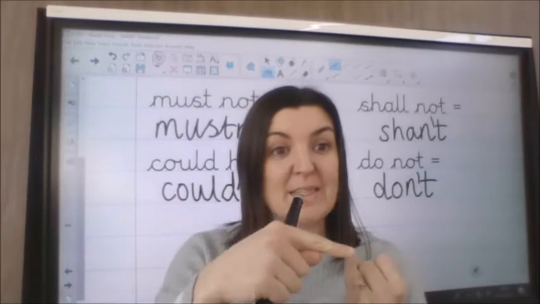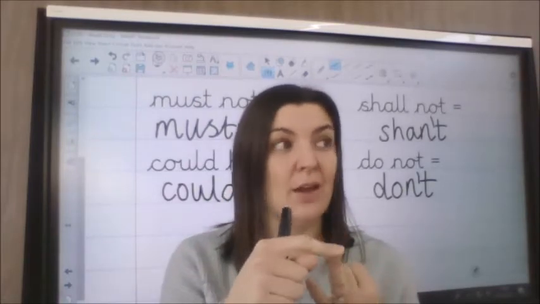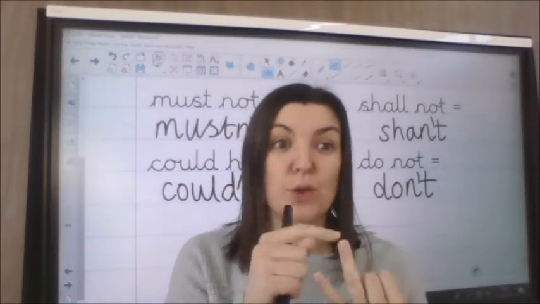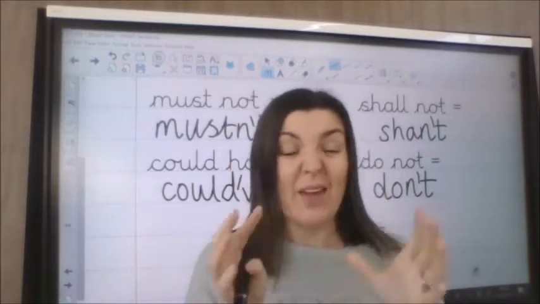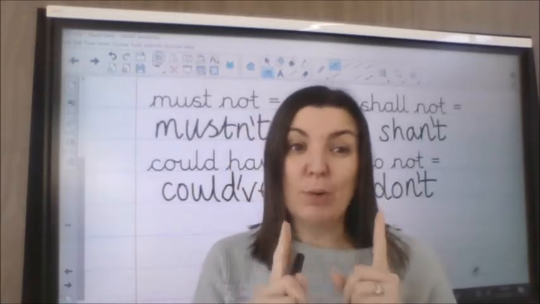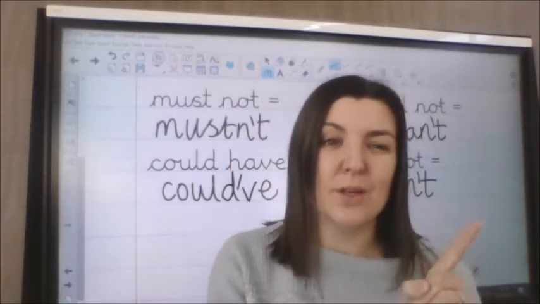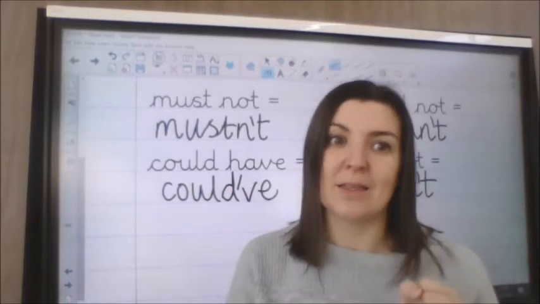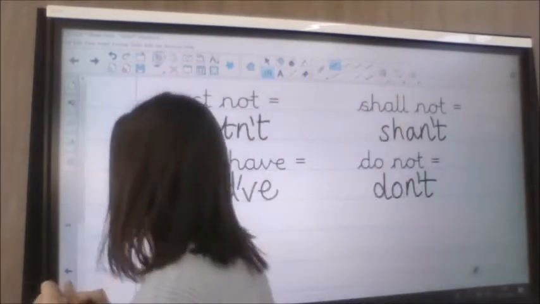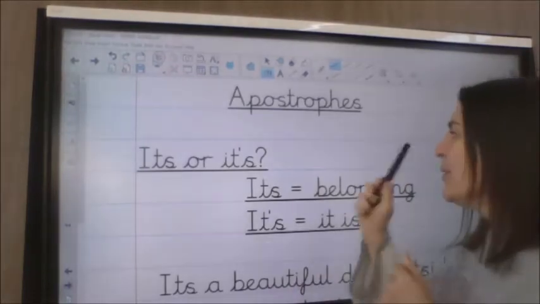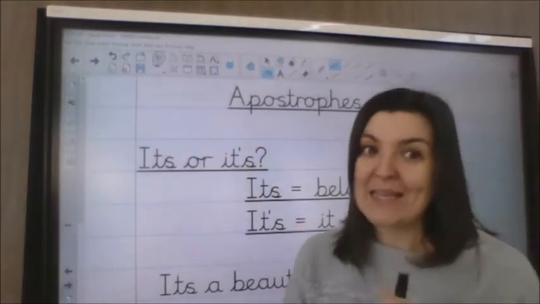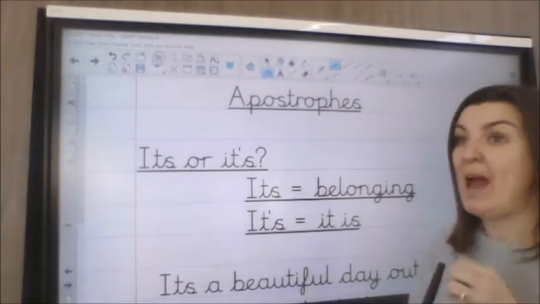So you've got possession and contraction then as your first main reasons for using an apostrophe. They're the only reasons really, but I want to look at one word that doesn't follow this pattern to help you out today. So it. It doesn't follow this pattern.